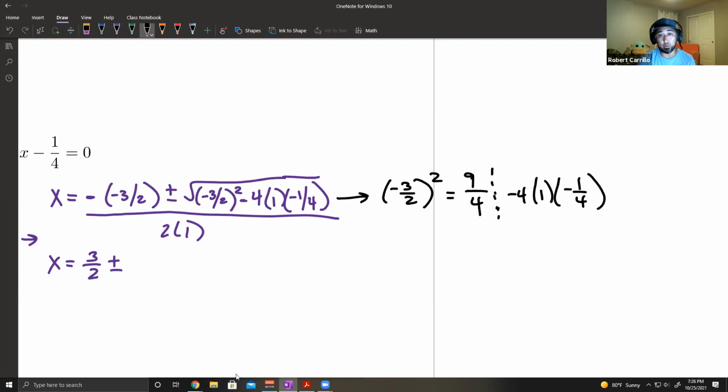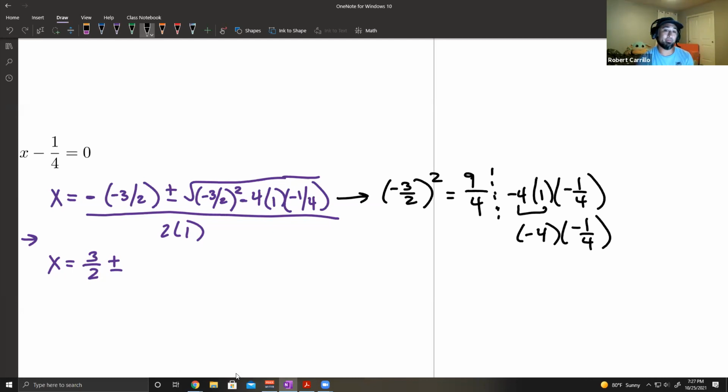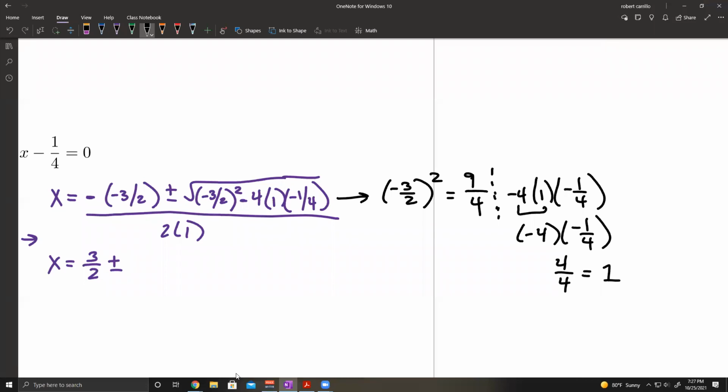Putting this together, do it step by step. Negative 4 times 1 gives me negative 4 times negative 1/4. What's going to happen to my 4's? They cancel out. Or if you don't see it, rewrite it as negative 4 times 1/4 just becomes 4/4, which becomes 1. It becomes a positive 1.